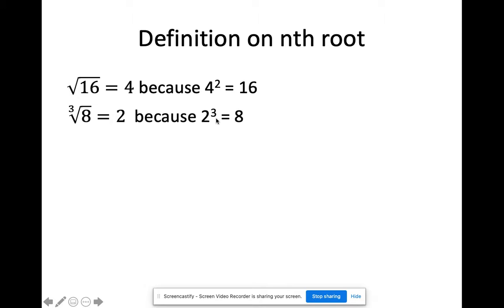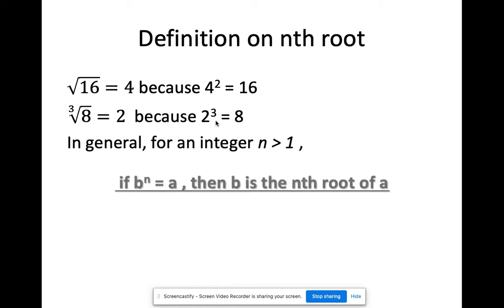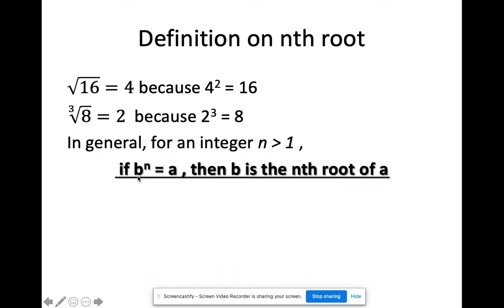Which means 2 is the cube root of 8, and 4 is the square root of 16. So in general, for any integer n greater than 1, if b raised to the n equals a, then b is the nth root of a.